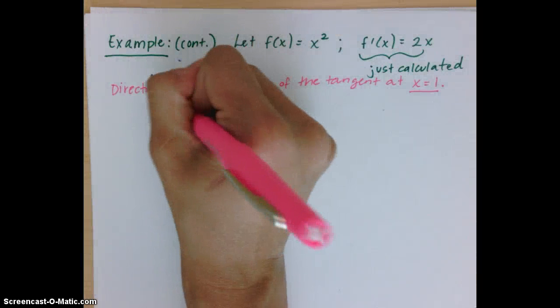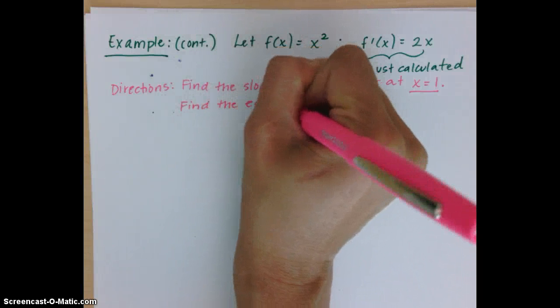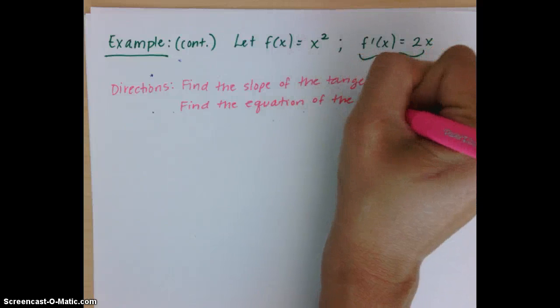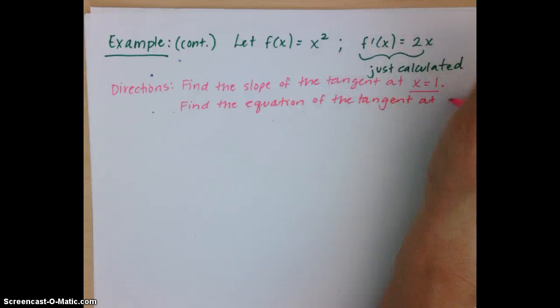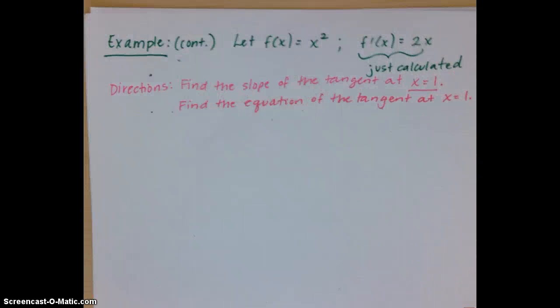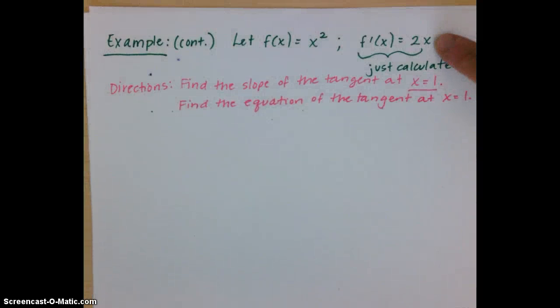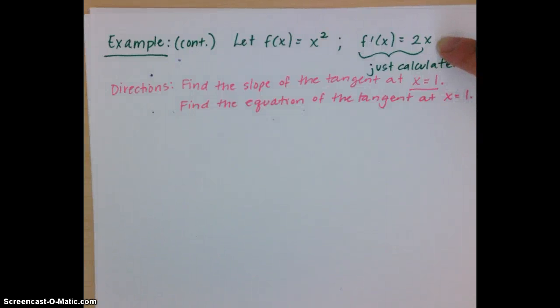Then let's also find the equation of the tangent line at that same value. All right, so we found out that for any point along the curve of x squared, we can get its slope, its instantaneous rate of change, the slope of its tangent, by doing 2x. Let's calculate that specifically for x equals 1.